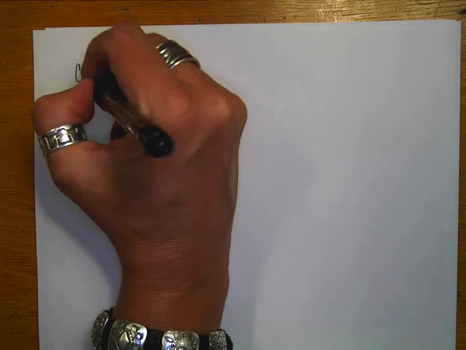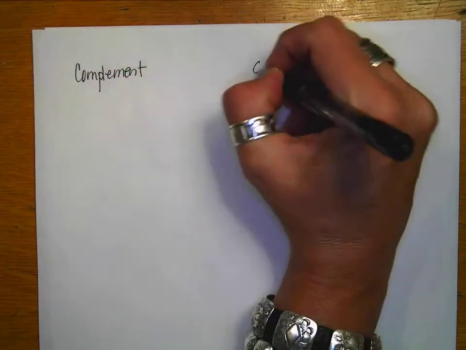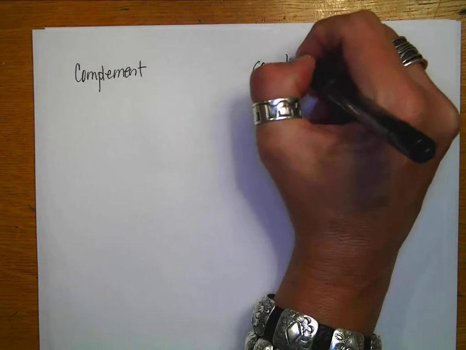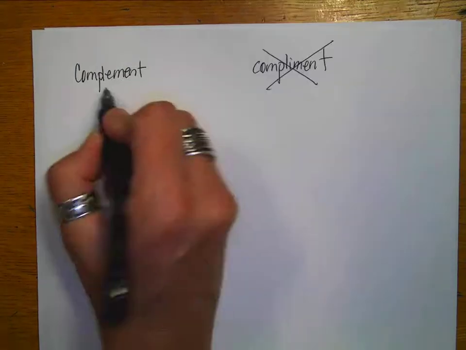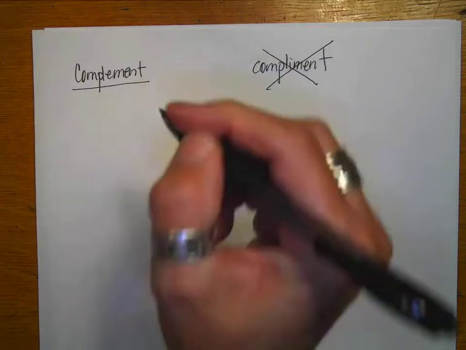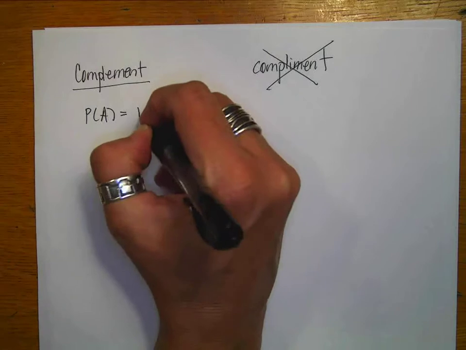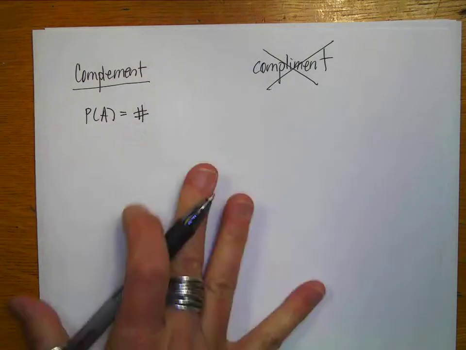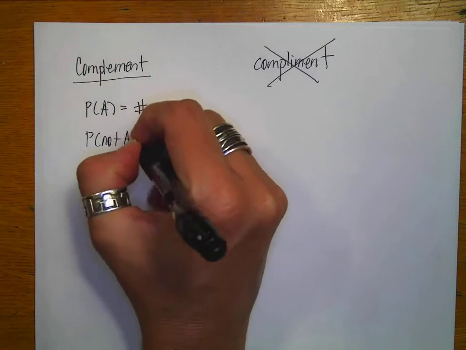We have one more little section to talk about, and that's the subject of complement. So we're not talking about a compliment, ooh, you look so nice today. We're not doing that. We're talking about a math complement. So let's say the probability of A is equal to a number, okay?